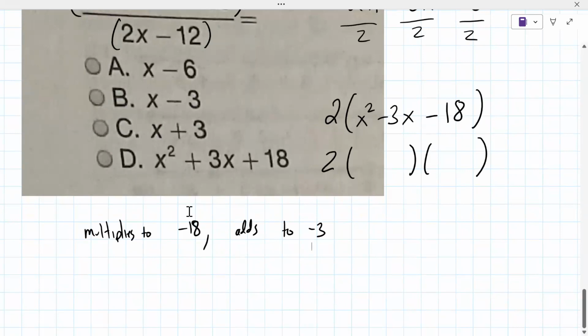Like you said, -9 is fine, but what does it go with? 2. Okay. Does that add to minus 3? Does 2 plus minus 9 add to minus 3? Not 5? No. So you've got to try them, but is there something else that you can think of that multiplies to minus 18?